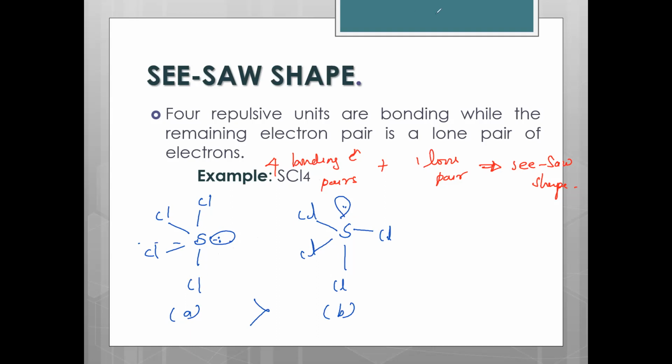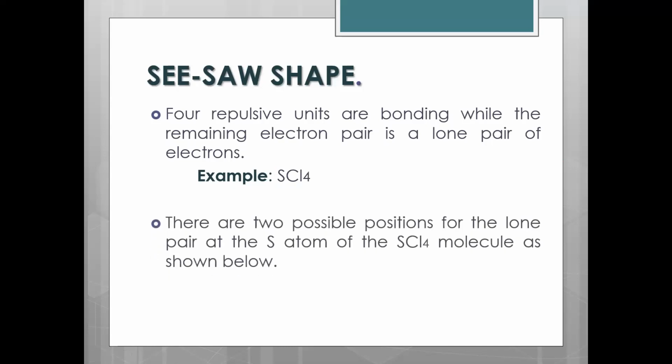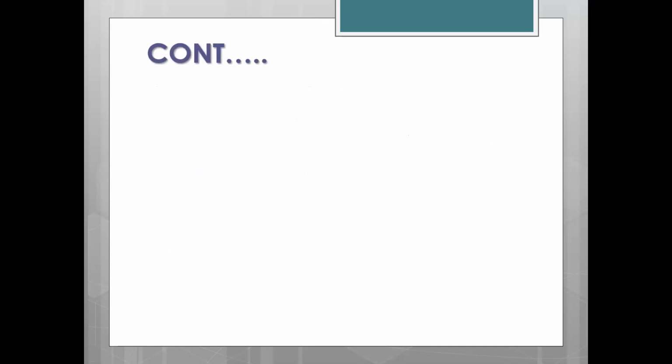There are two possible positions for the lone pair at the S atom of the SCl4 molecule as shown below. This is what I said, A. You should be able to draw. If you fix the shape of the trigonal bipyramidal, then you can draw whatever. There should be 5 positions: one is the trigonal plane, and another axis is perpendicular to that.